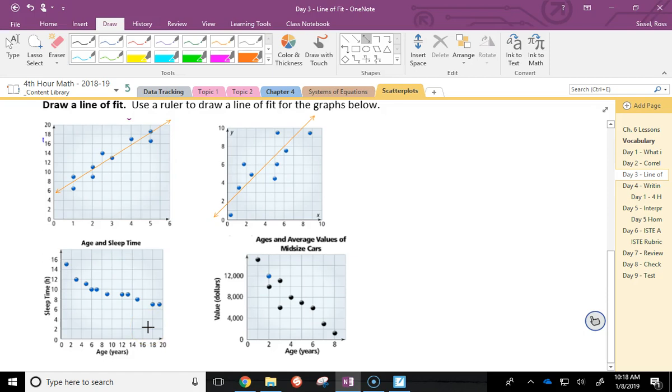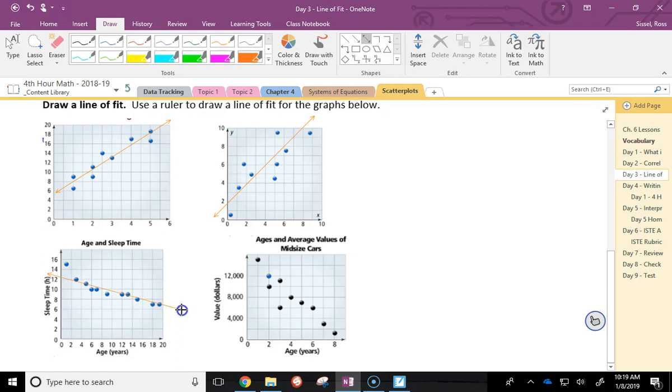What about this third one? Well, I don't know. It's a negative line. Yeah, it goes like that.